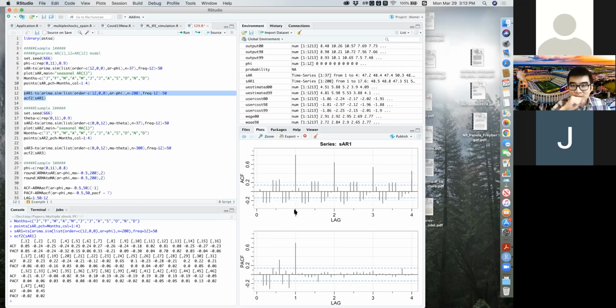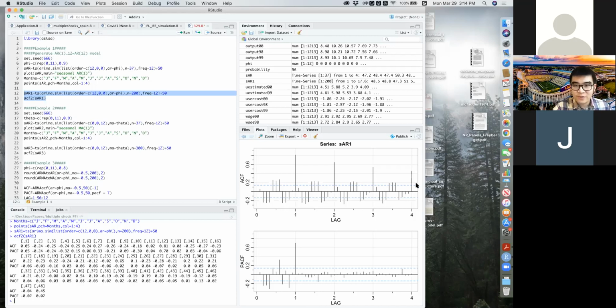You can see the ACF plot tails off at lag 12, because our frequency is 12. So it tails off at lag 12, lag 24, lag 36.